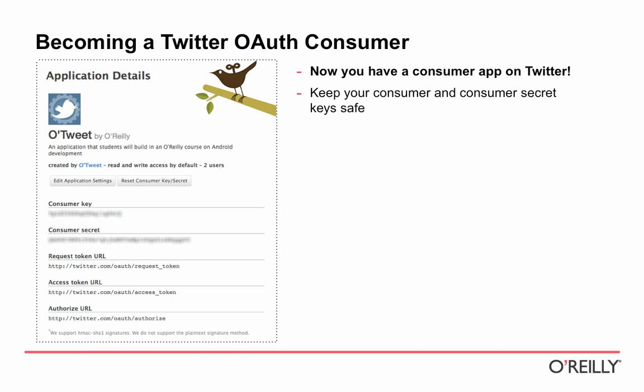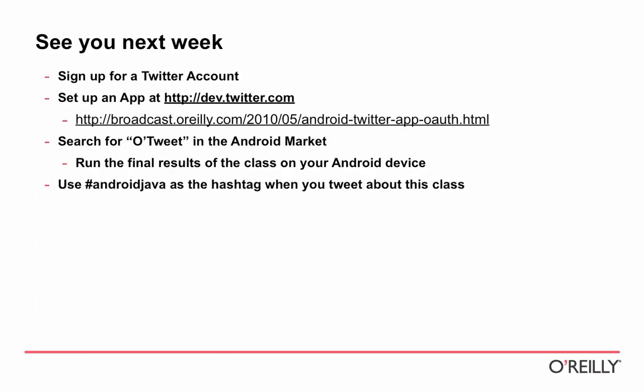One interesting thing, though, from our perspective as developers of this little application, is that TwitPic for J, the Java library that I use later on to post pictures up to TwitPic, has not changed over to OAuth yet, and I'm not sure how that's going to play out.